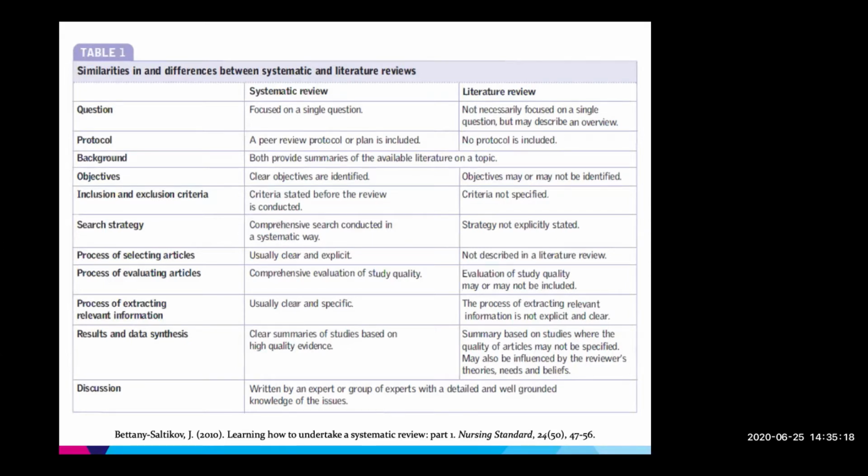A systematic review is typically focused on a single question, and it seeks to locate studies designed and executed in a very similar way to answer that specific, typically clinical question. Whereas a literature review by no means is only looking at studies. A literature review looks at the best available literature on a topic and whatever literature is available to discuss the topic.